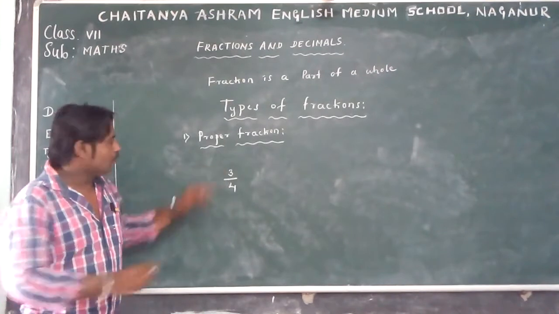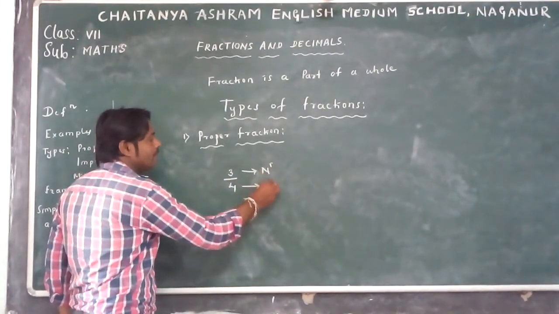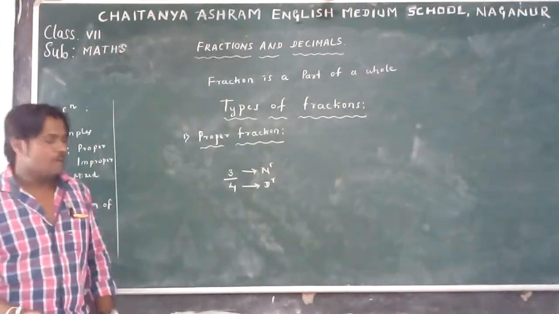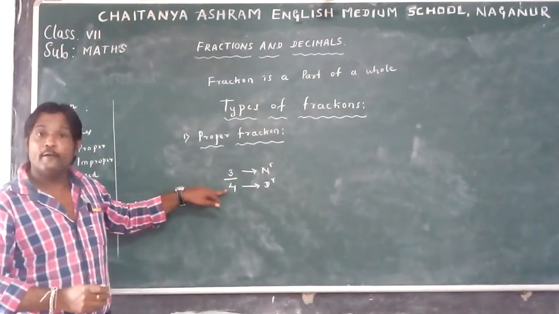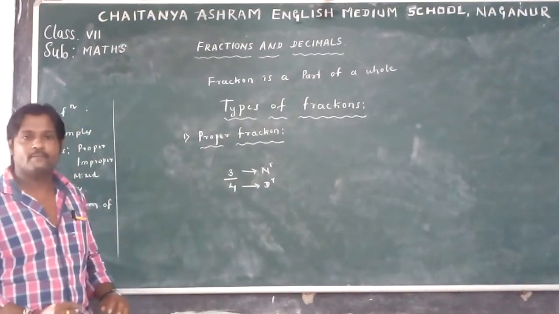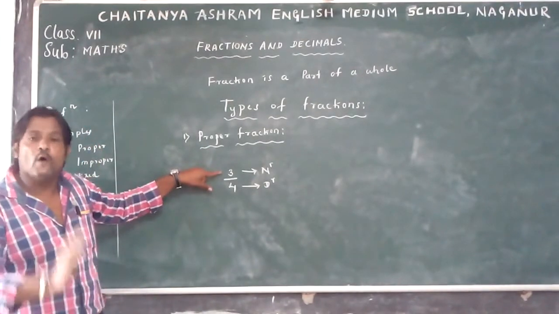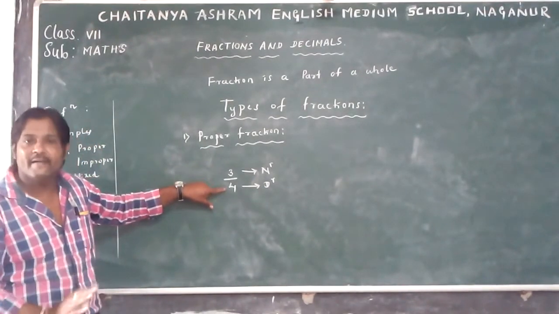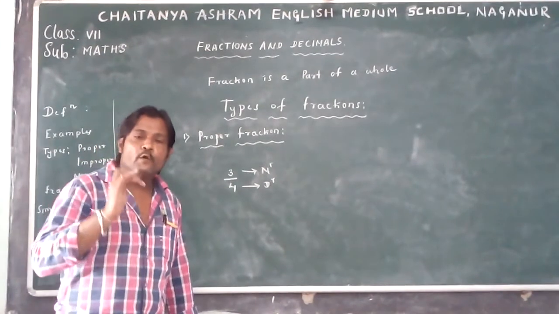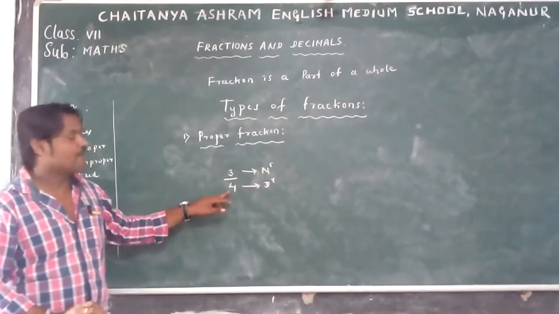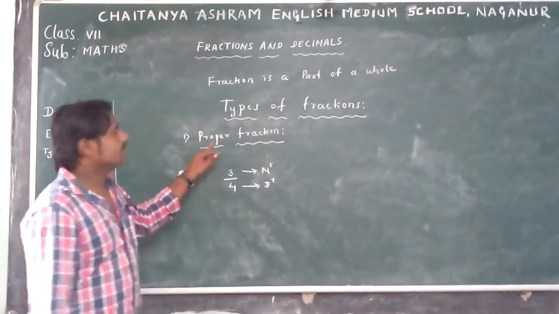This is called the numerator. This is called the denominator. What relationship do you find between numerator and denominator?